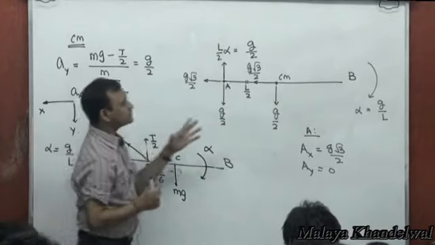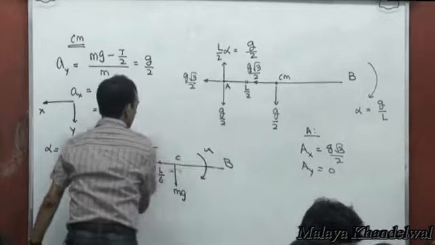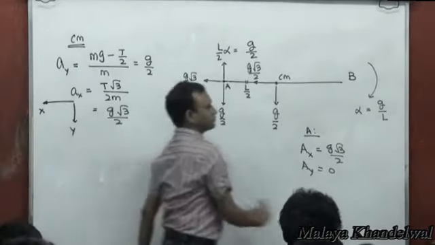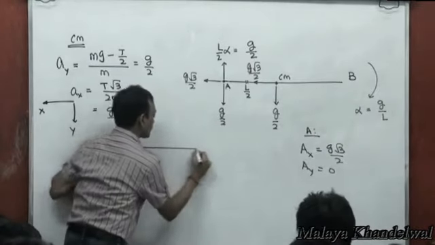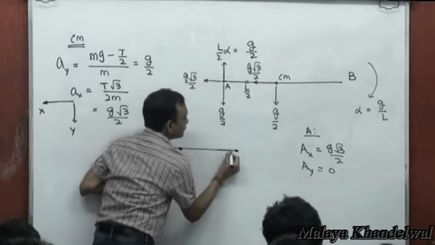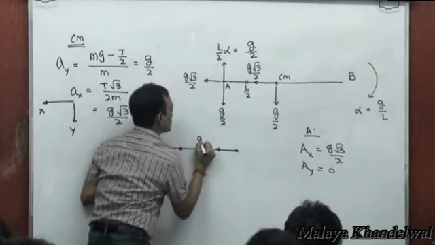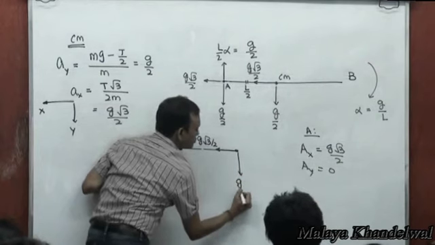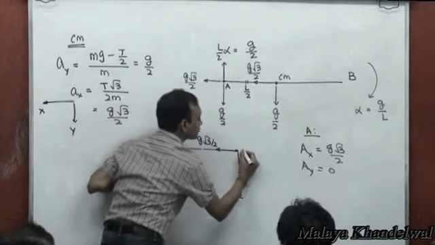Right? For the point B now, same thing. This point B has a common acceleration with the center of mass, g root 3 by 2 in the x direction, g by 2 in the y direction.